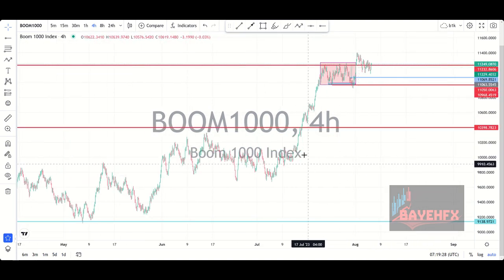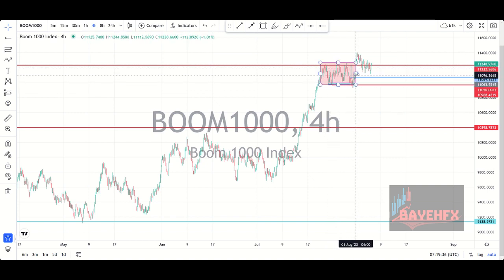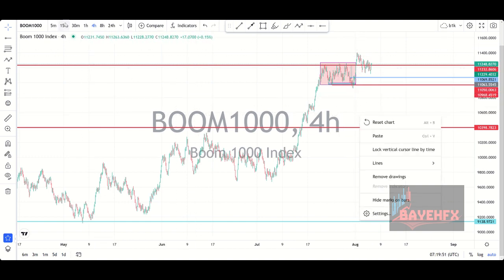So right now, as you can see, after the bullish movement, we found ourselves in a bullish continuation flat, where you have the market ranging after a bullish movement, and then a double bottom, and then we have this huge breakout to the upside.